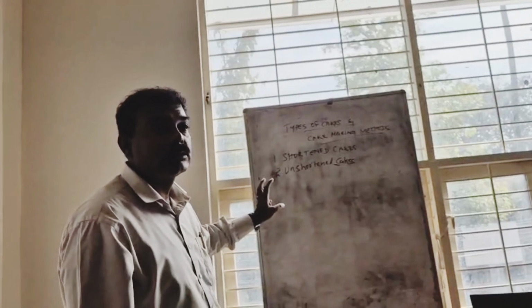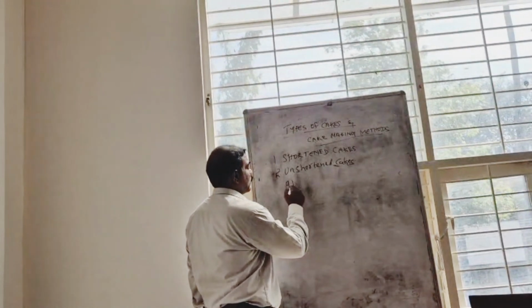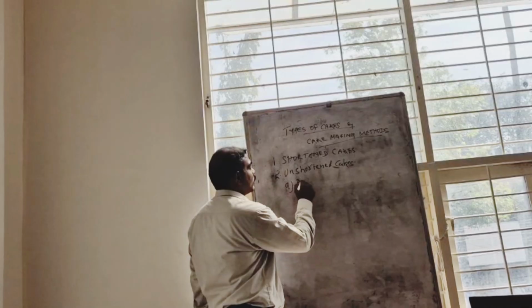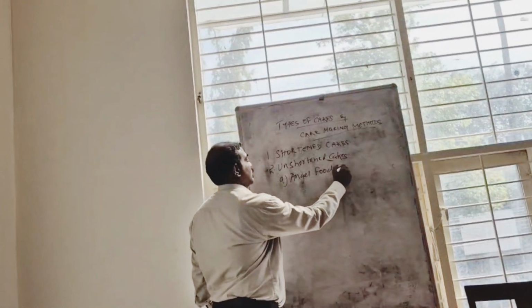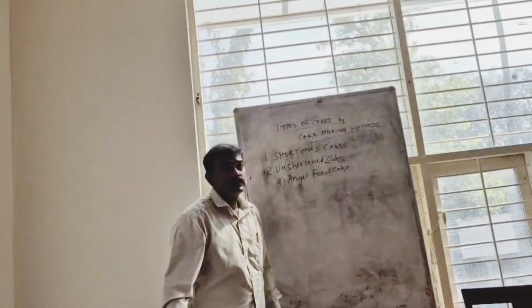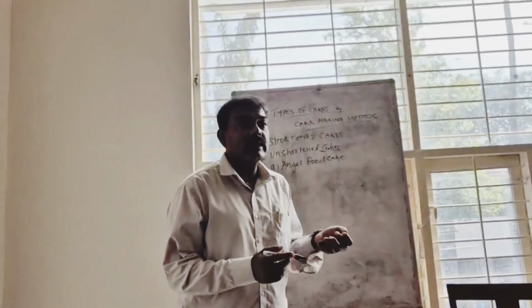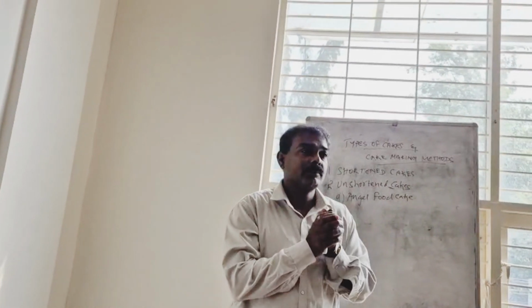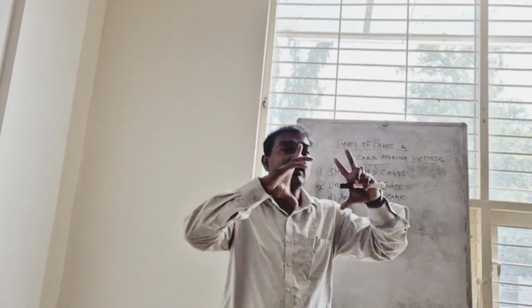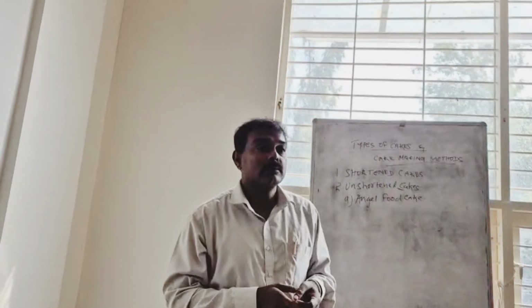Examples, the best example I can say is angel food cake. What do you mean by angel food cake? Angel food cake is whitish, fluffy and spongy. Looks like cotton. Even egg yolk is not used in this cake.